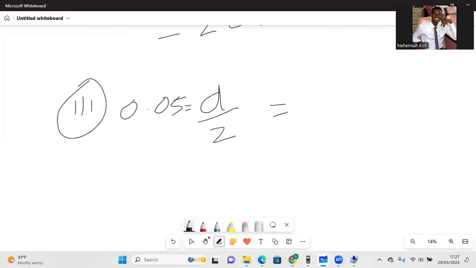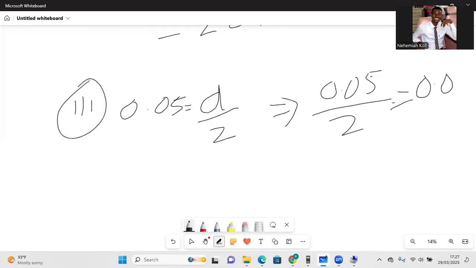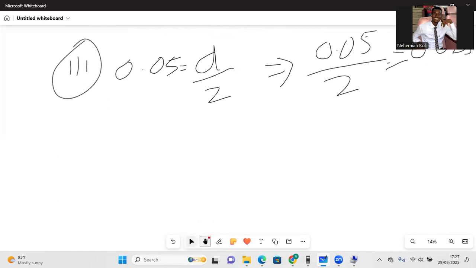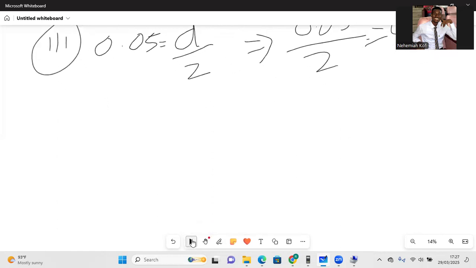So it is going to be equal to 0.05 divided by 2, and we are going to get 0.025. Right. So now, let's draw a bell shape.